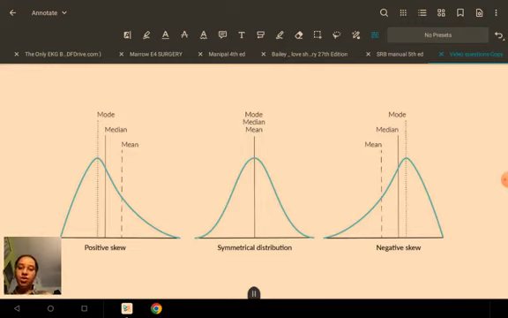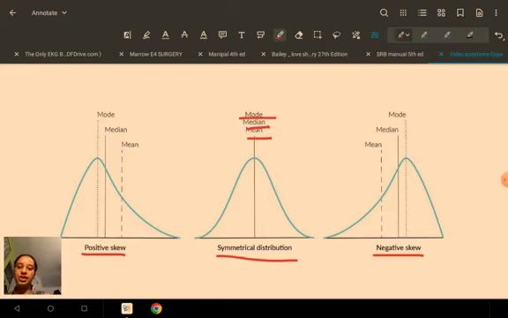Now on this figure here we can see 3 different types of distributions. We have a symmetrical distribution, we have a positive skew, and we have a negative skew. If you look at the symmetrical distribution, the normal distribution, Gaussian curve, we can see that the mean, the median and the mode, the 3 measures of central tendency, are the same.